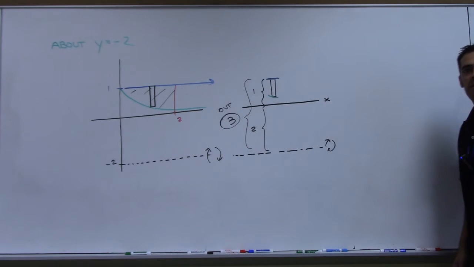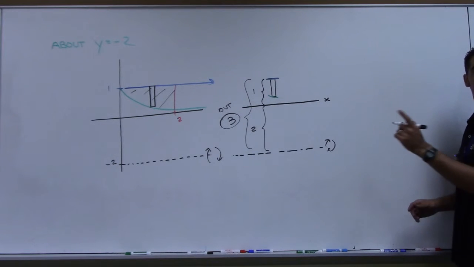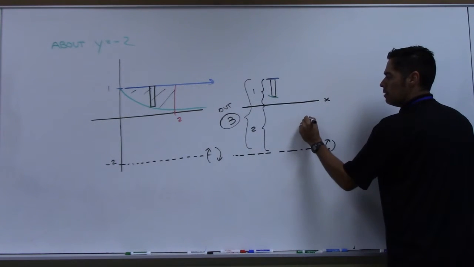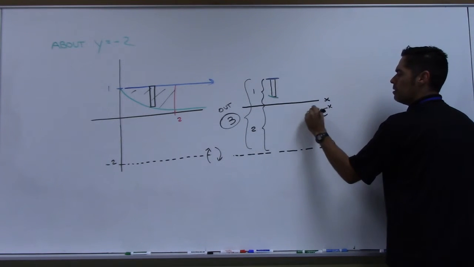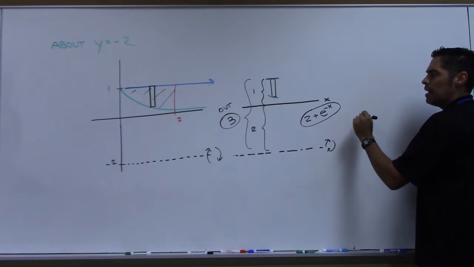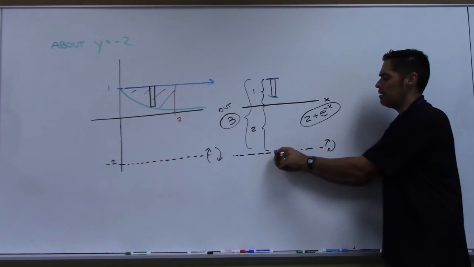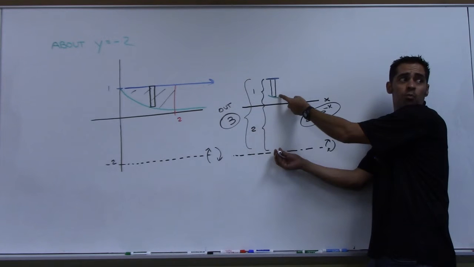Who wants to volunteer the inner radius? Go ahead. What do you want? 2, well, I guess it would be 2 minus e, or 2 plus e. 2 plus e to the negative x. What do y'all think? e to the x minus 2. Well, let's think about it. If you're standing here, what is the distance going to be from here to that edge if you had to walk it, right?